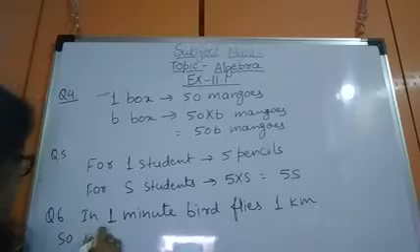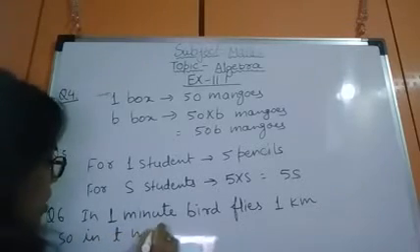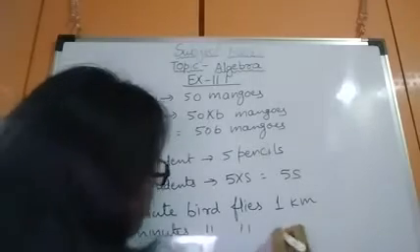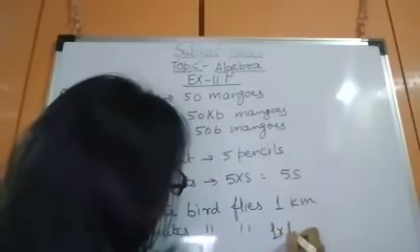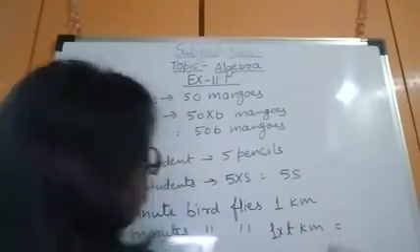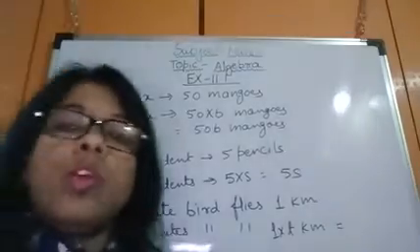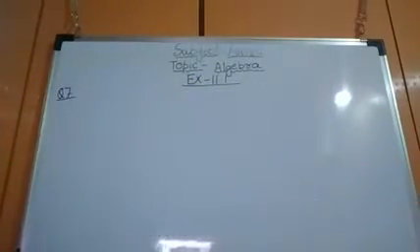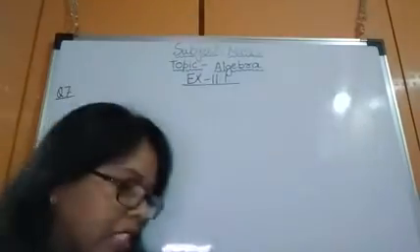So in T minutes, bird flies 1 multiplied by T kilometers. 1 multiplied by any number, you know, is that number itself. So here 1 multiplied by T means T kilometers. Fine. Now come to question number 7.